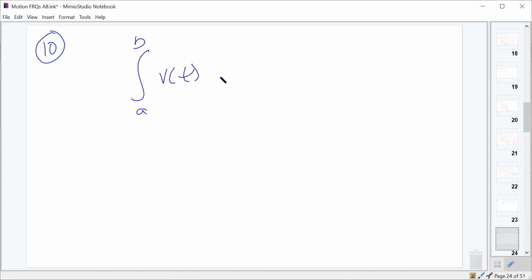The integral of v of t from a to b. The first option is s of b minus s of a. Well, that's the definition of a definite integral. If the integral of v is s, which is what it says, then this must be true. So good. B, the net distance traveled by the object between t equals a and t equals b.